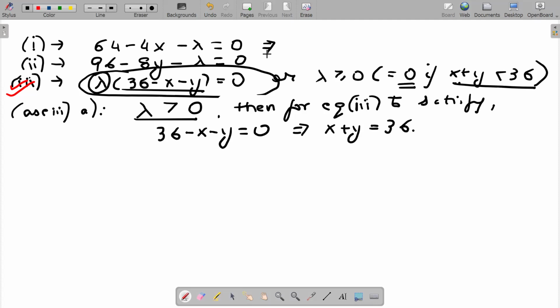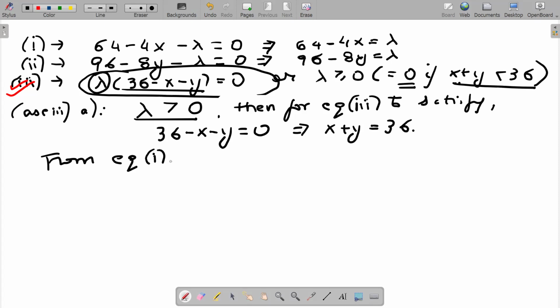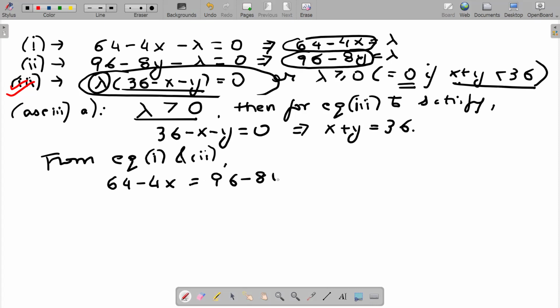From equation 1, I can write 64 minus 4x is equal to lambda. From equation 2, I can write 96 minus 8y is equal to lambda. So from equations 1 and 2, I get 64 minus 4x is exactly equal to 96 minus 8y, because both of them are equal to lambda.